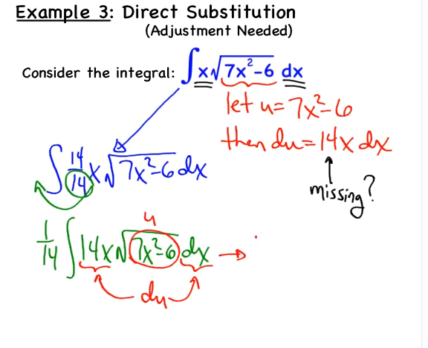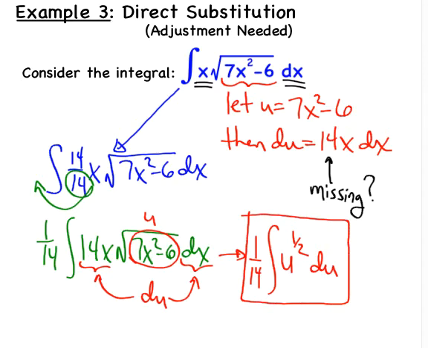The 1 over 14 is still out in front. The square root of u can be written as u to the 1/2 power, and then the 14x dx is replaced by du. Now we want to take the antiderivative of this. Let's continue on another page.